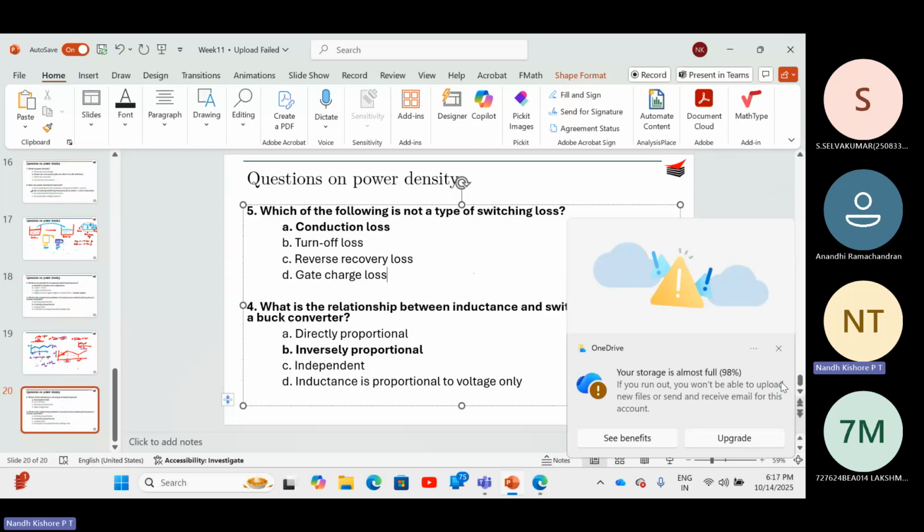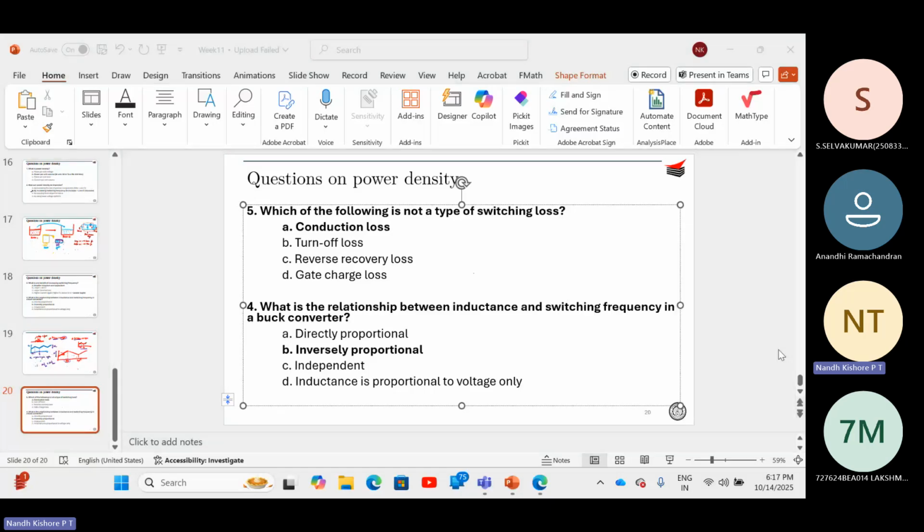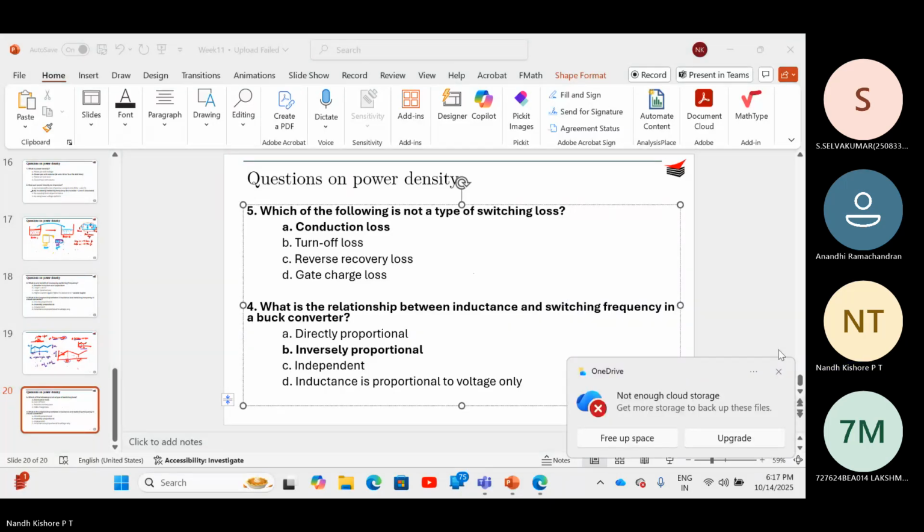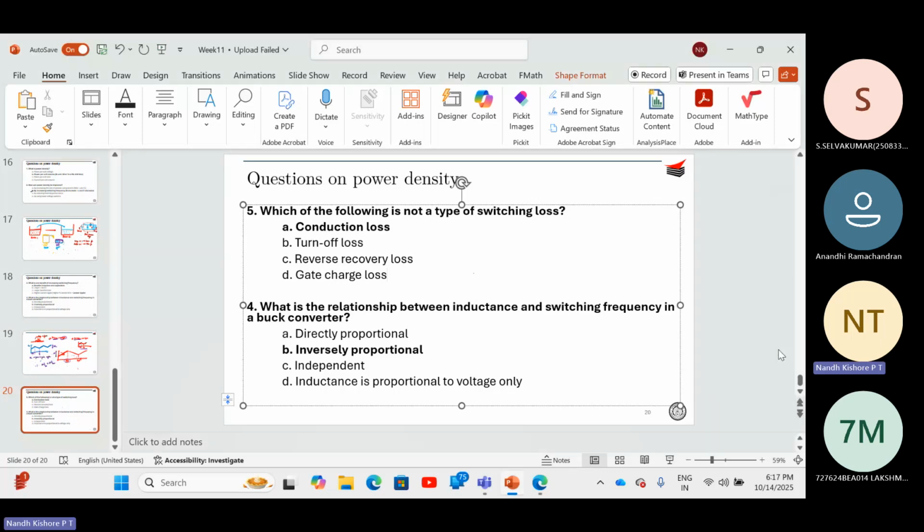For question number 5, the answer is highlighted. Which of the following is not a type of switching loss? Turn off loss comes under switching loss, and turn on loss will also come under switching loss.